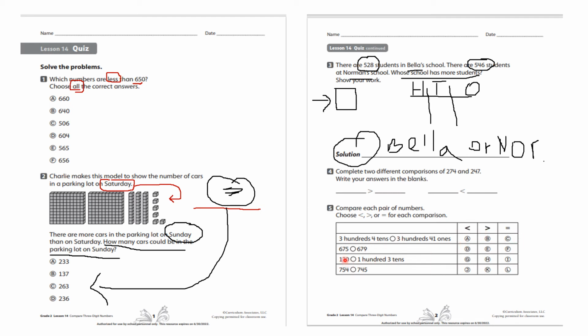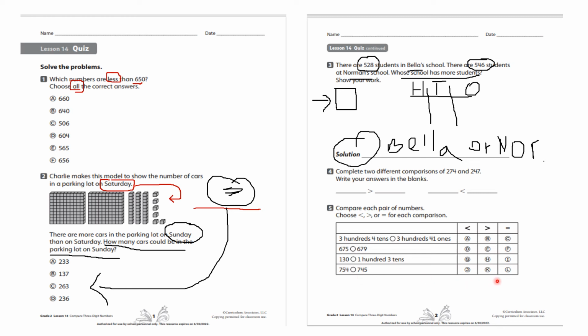Then it says 675 and 679. Is it more than, less than, or equal to? 130 or 103 tens. Is that greater than, less than, or equal to? 754 and 745.